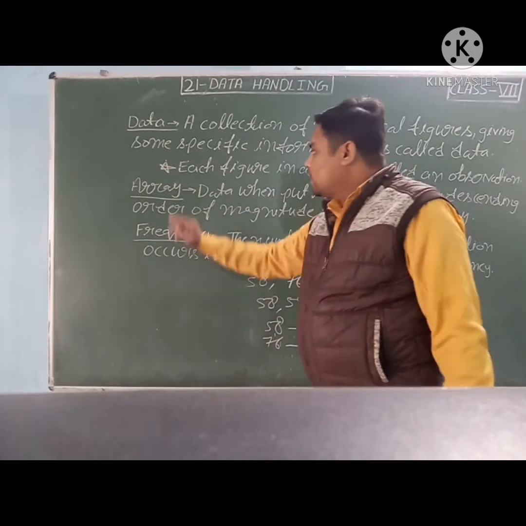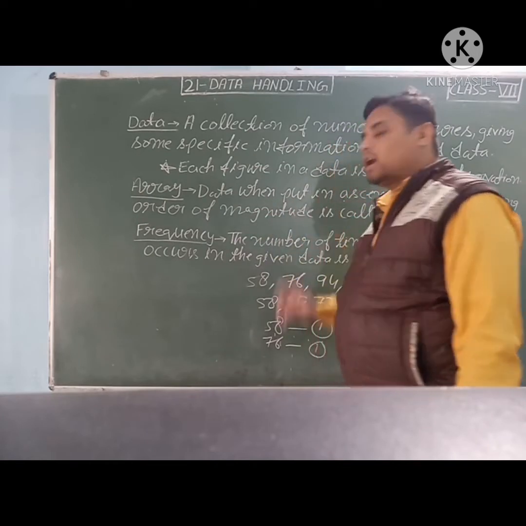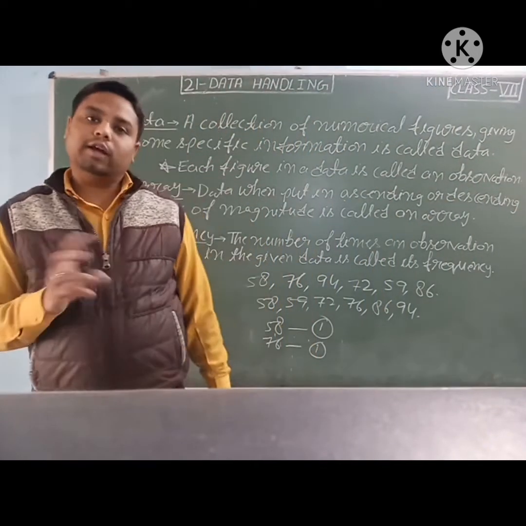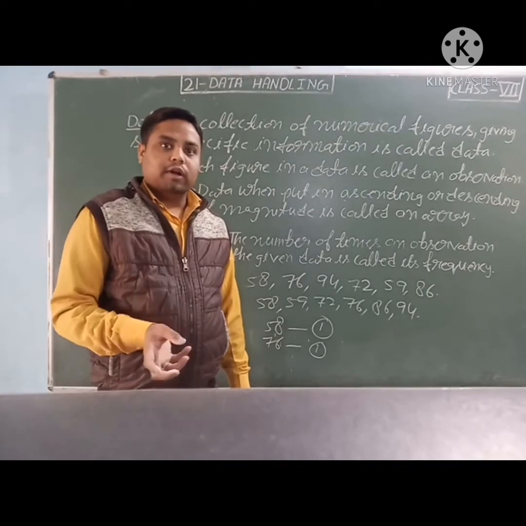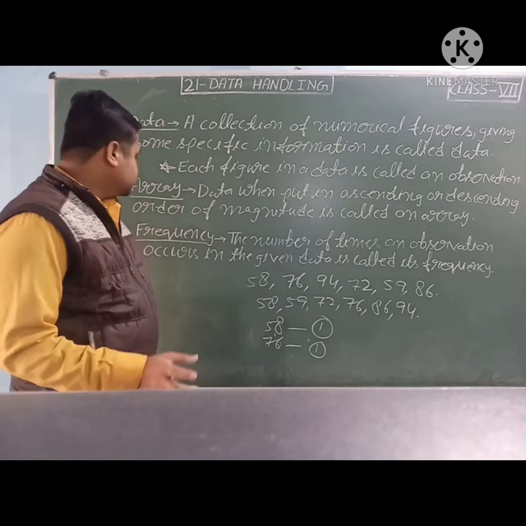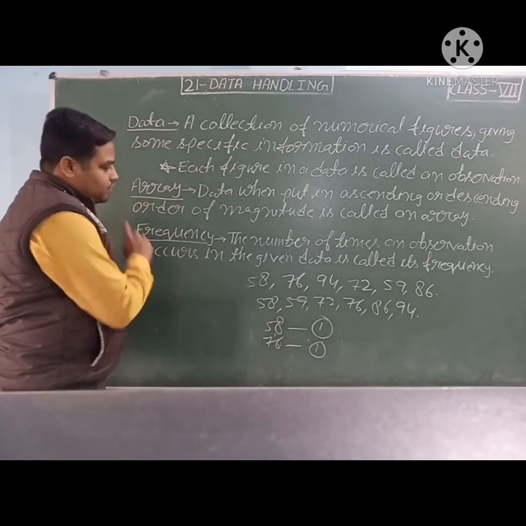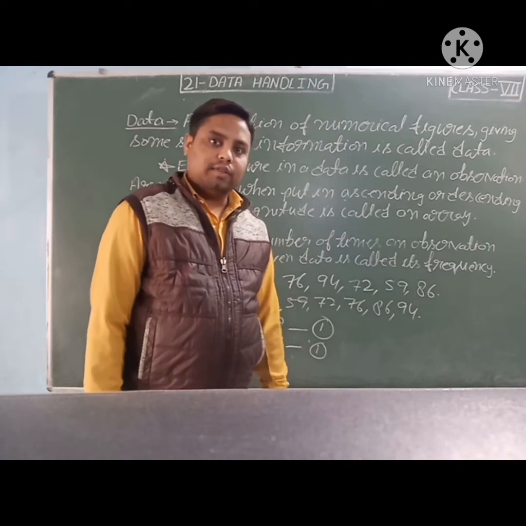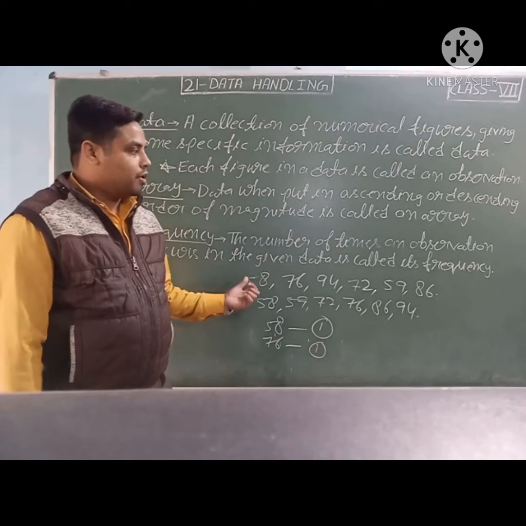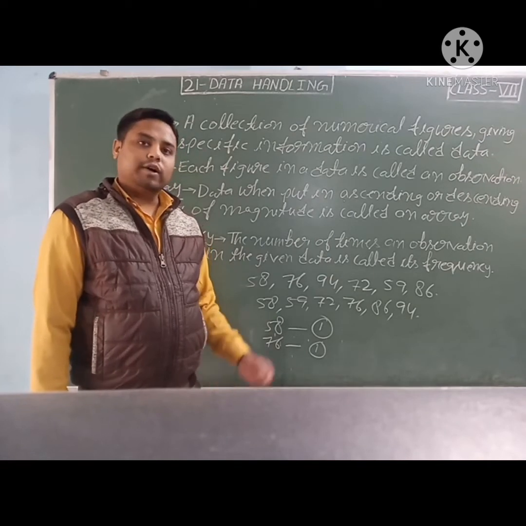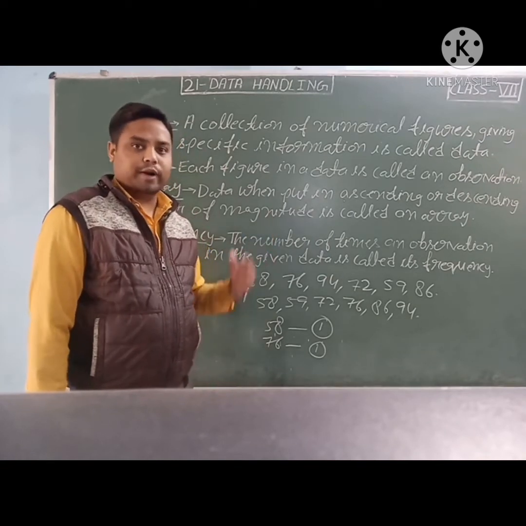So what is array? Data when put in ascending or either in descending order, then we call it an array. Next is frequency. The number of times an observation occurs in the given data is called its frequency. So students, I hope you understood all these points.